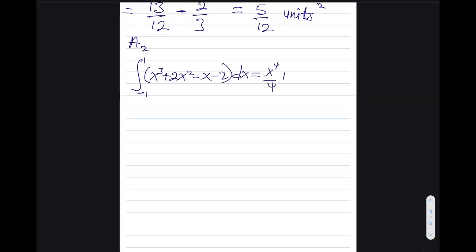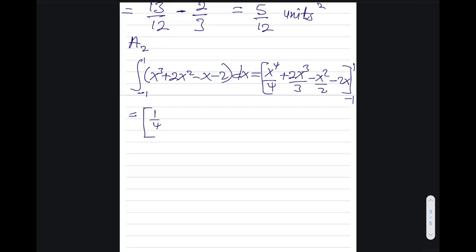x to the 4 over 4, plus 2x cubed over 3, then x squared over 2, then 2x. We are moving from -1 to 1. When we deal with this one, we put 1 here, 1 here, 1 here, 1 there. Now what do we expect to get?